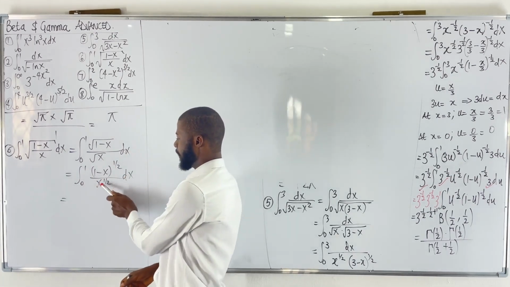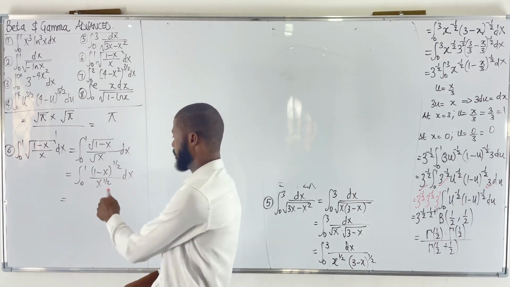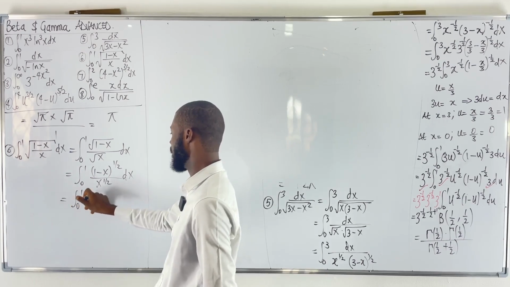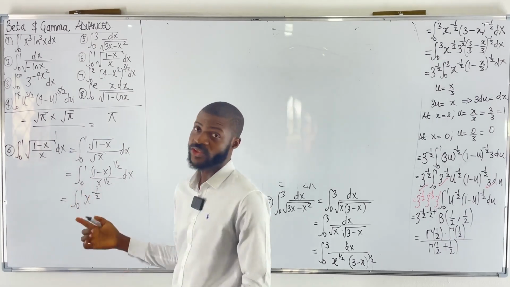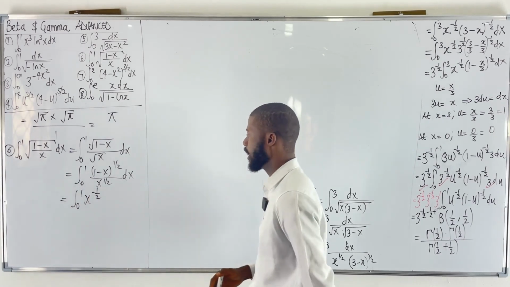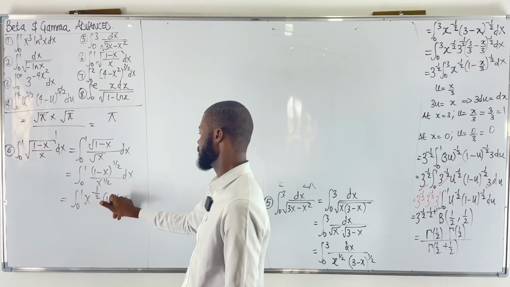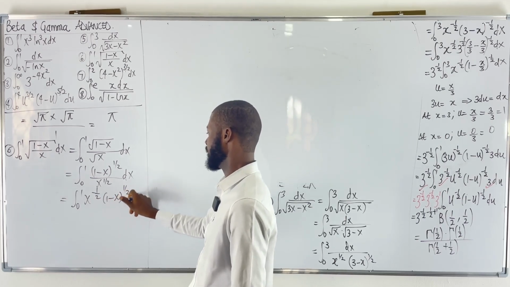Now this x to the power of half, I can bring it to the top. So this becomes integral from 0 to 1, x to the power of minus half, because when it's coming to the top, the exponent becomes negative, and then 1 minus x to the power of half dx.